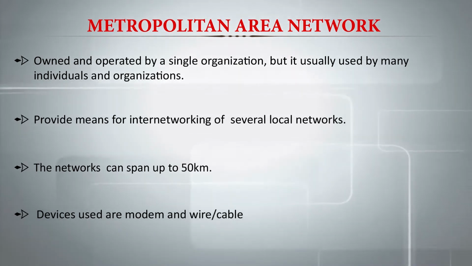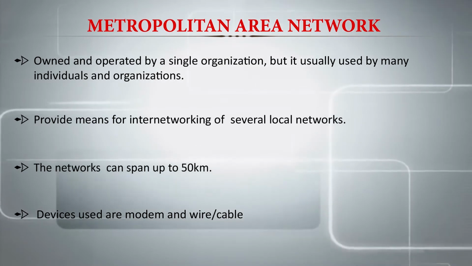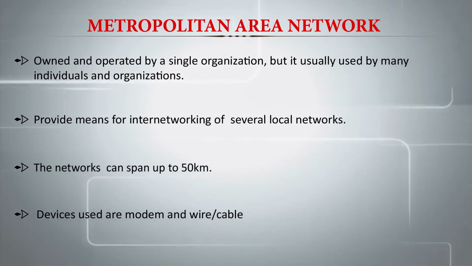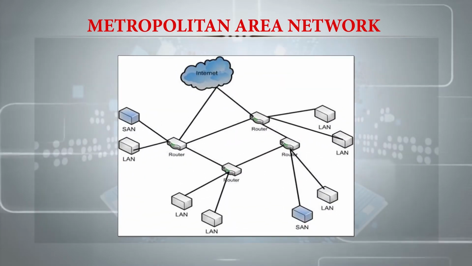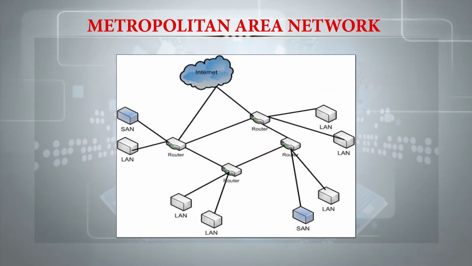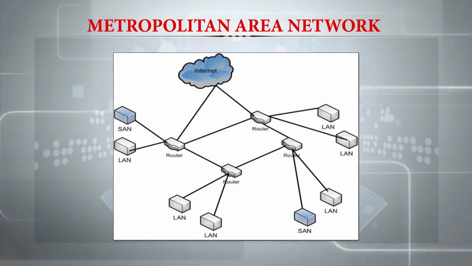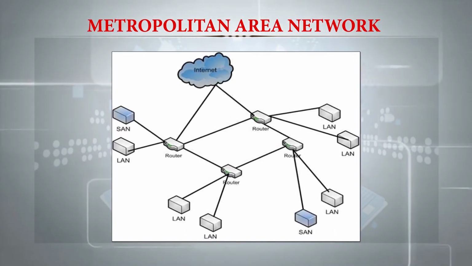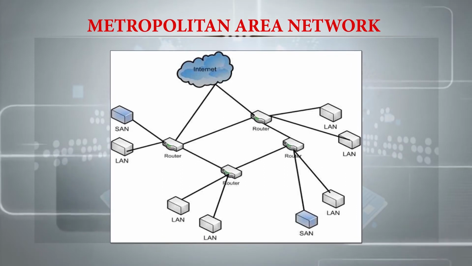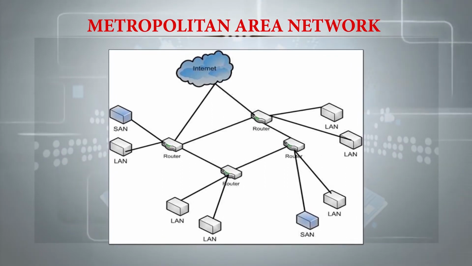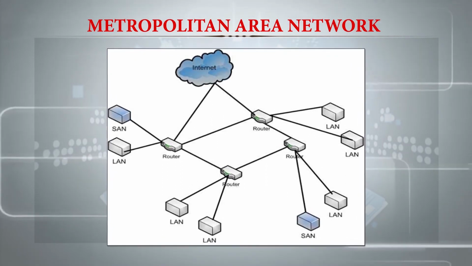So for connecting many local area networks within a city, a metropolitan area network is the solution. This is an example of a metropolitan area network. It is shown now: the local area networks, then a router is there. Several local area networks are connected with connecting devices. In this case a router is shown, and there is an internet.